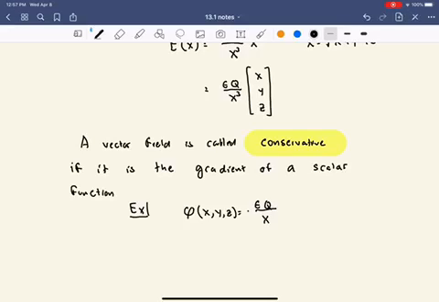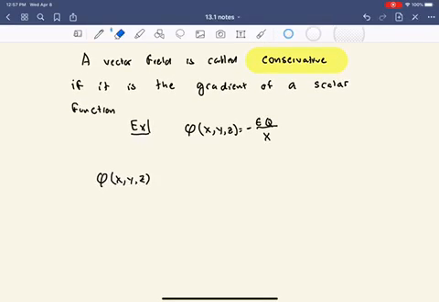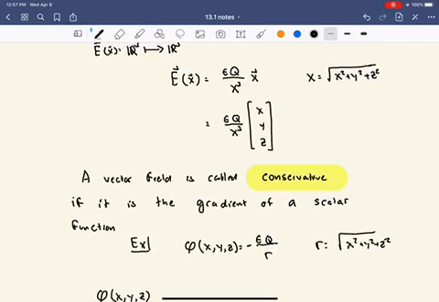Actually, I need a negative on it. Sorry about that. I know, it's hard. Let me instead, because this x is not the same as this x, write this instead as r. Let me change that up there too.